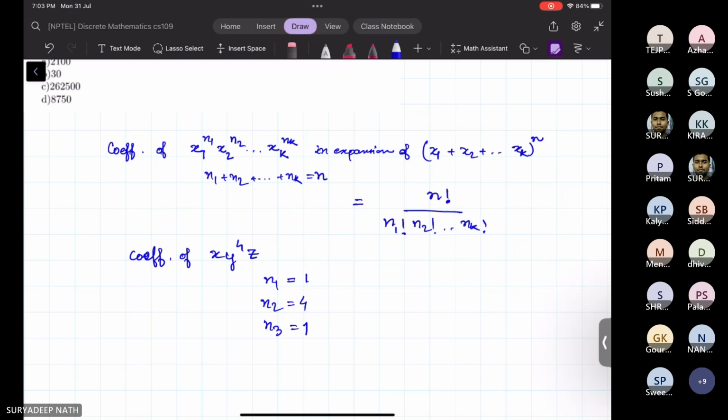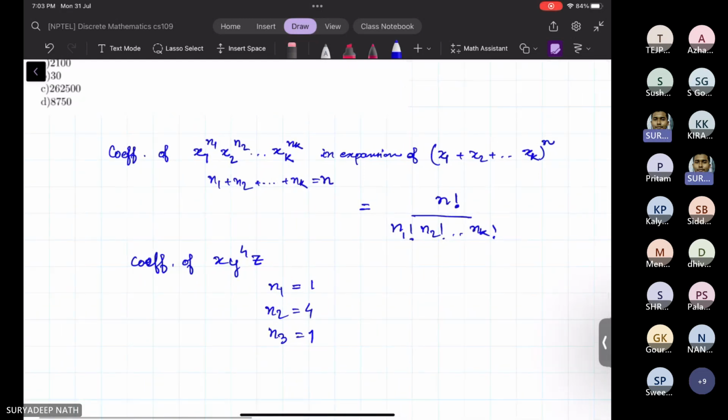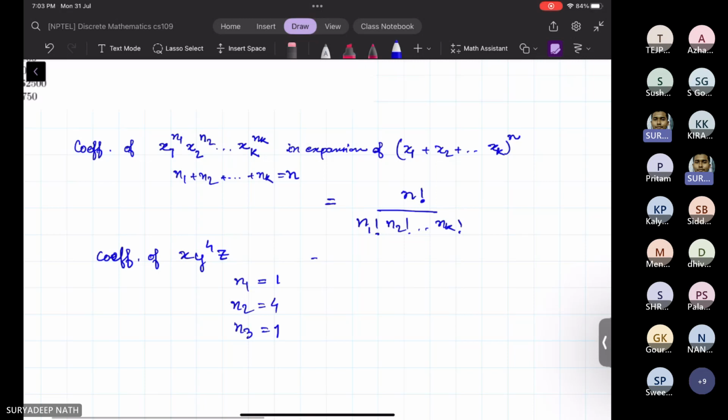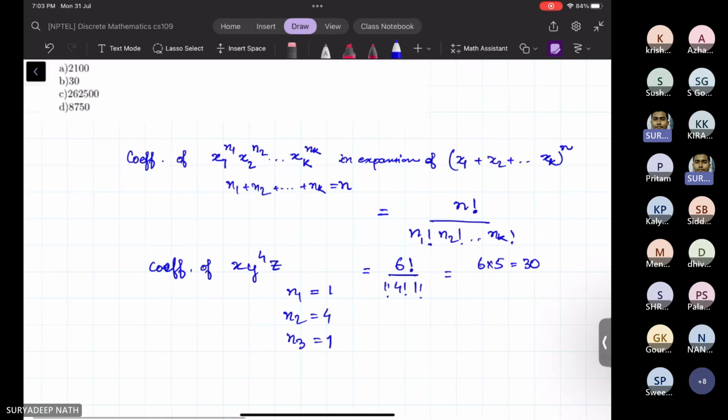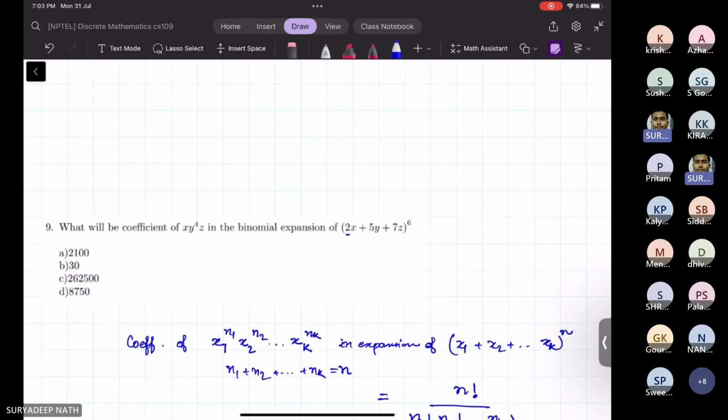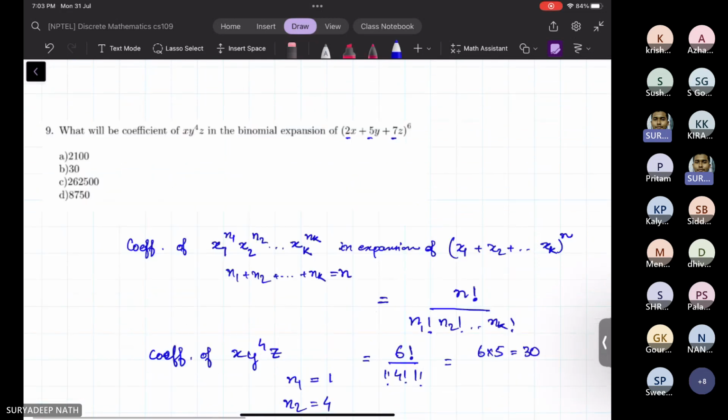So the coefficient would be 6 factorial over 1 factorial, 4 factorial, and 1 factorial. That is basically 6 into 5, that is 30. And now we have the 2, 5, and 7 as well.